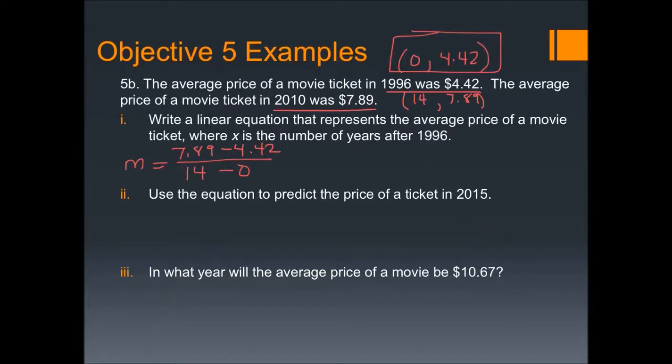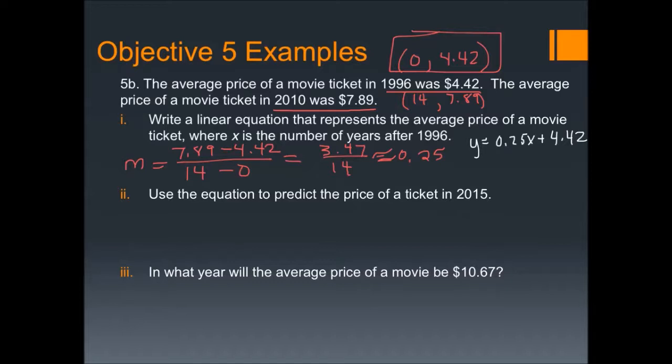That's going to give us 3.47 over 14. And since we are talking about money, and money's usually in decimals, I'll just convert that to a decimal. It's about 0.25. Okay. So there's my slope. I already have my y-intercept, so I'm going to write my equation. y equals 0.25x plus 4.42.